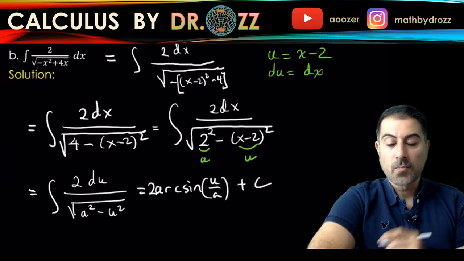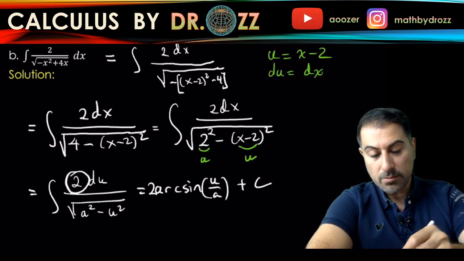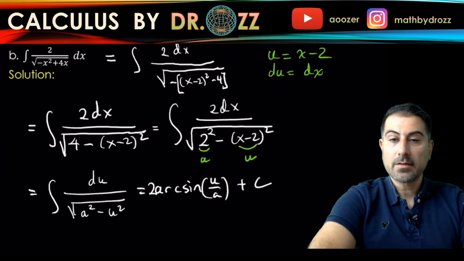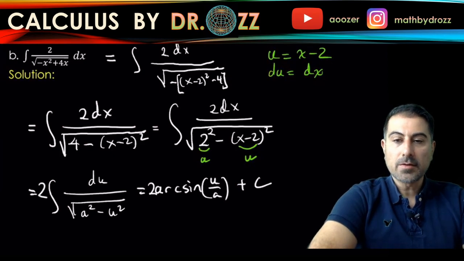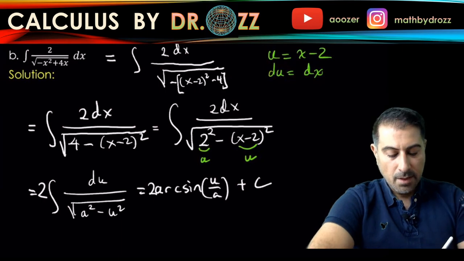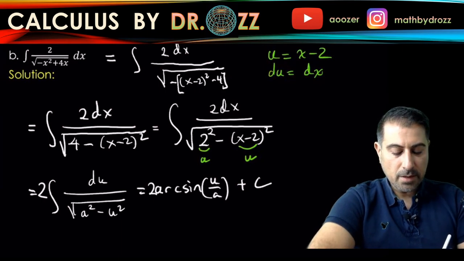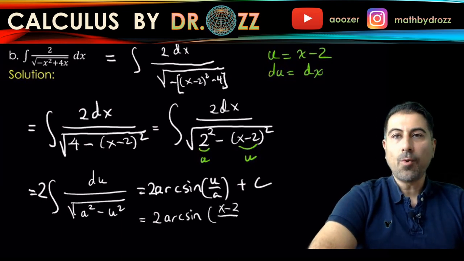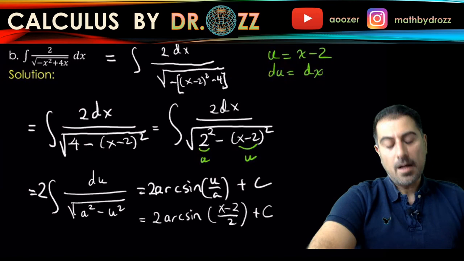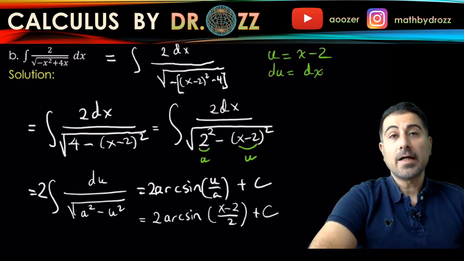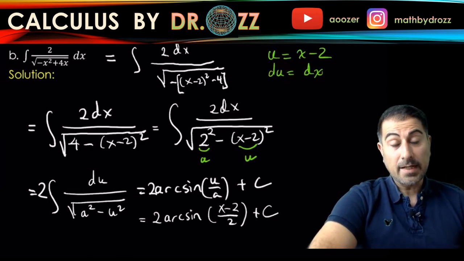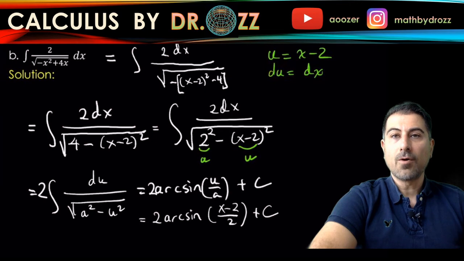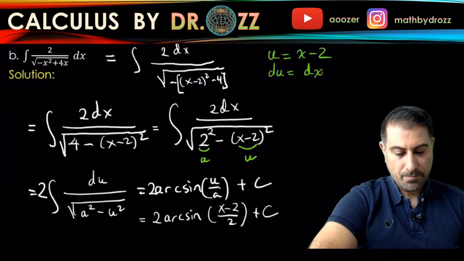You could also pull that 2 out of the integral. So this is 2 arc sine of u over a plus c, and u is originally x minus 2, and a equals 2. That makes this whole thing 2 arc sine of x minus 2 over 2.